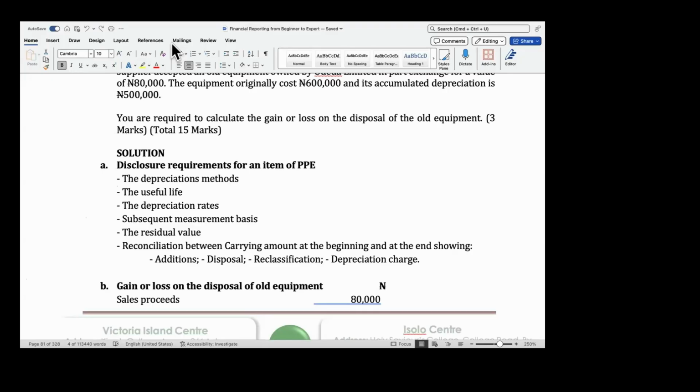Now, to make it balance, we go to the balance sheet and also reduce the cost of the asset by that 15 million naira. Now, that 15 million is somewhere within the organization. That is my confusion.